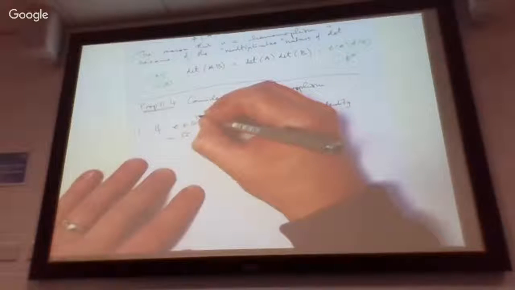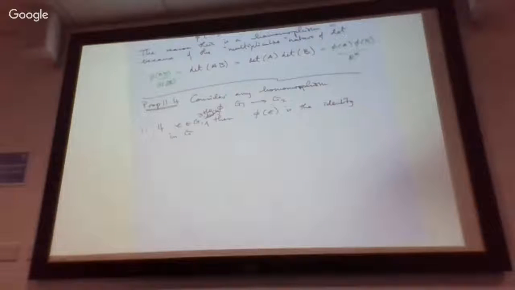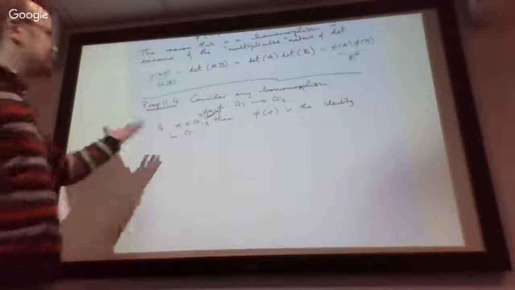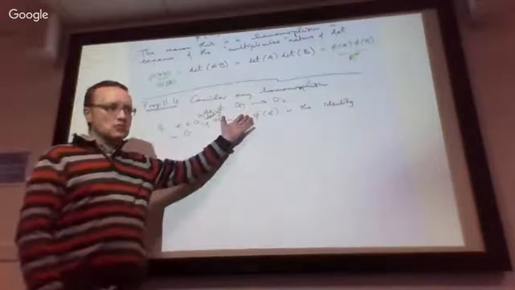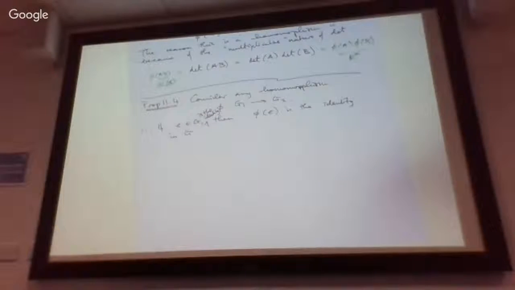Well, then where can we send the identity element in G1? The identity element is such a special element of G1 that it has to be sent to the identity element in G2.